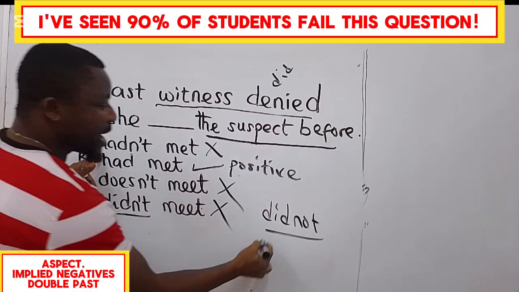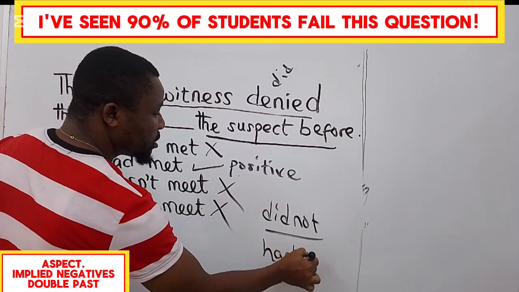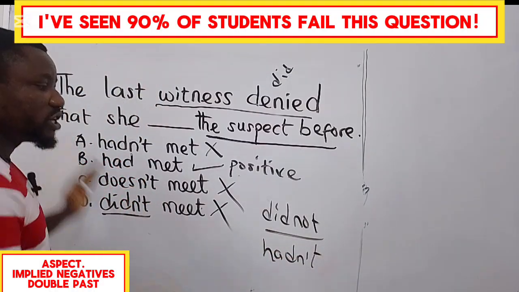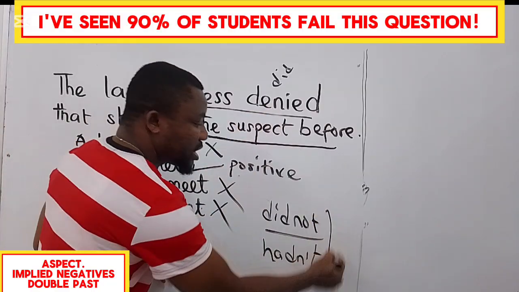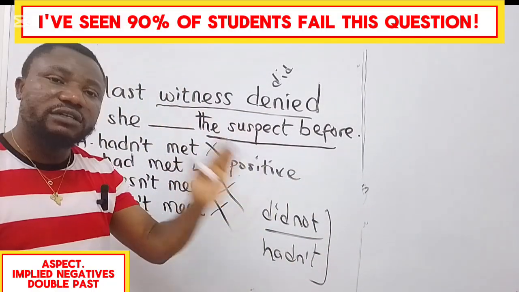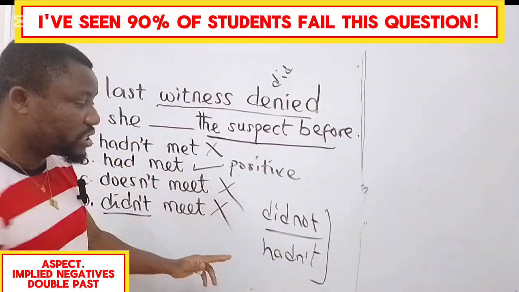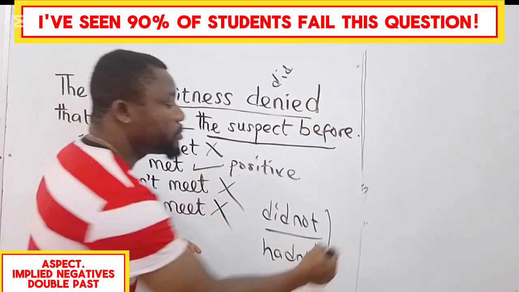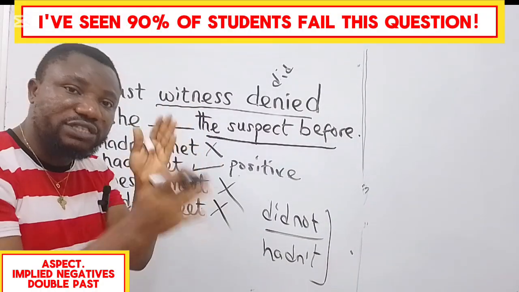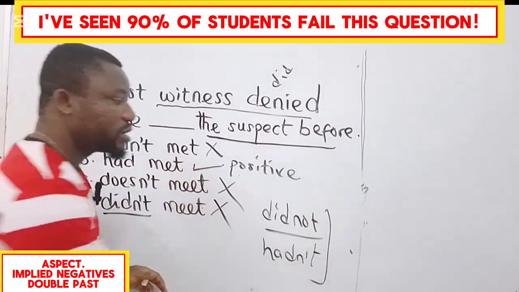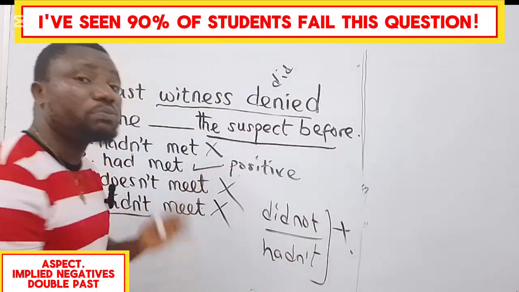Now, let's bring this here, hadn't. If you're going for option A, which is hadn't, and then you have this being didn't, this is a case of double negative. And in the English language, double negative simply means positive. When two negatives are used side by side, they change to positive.